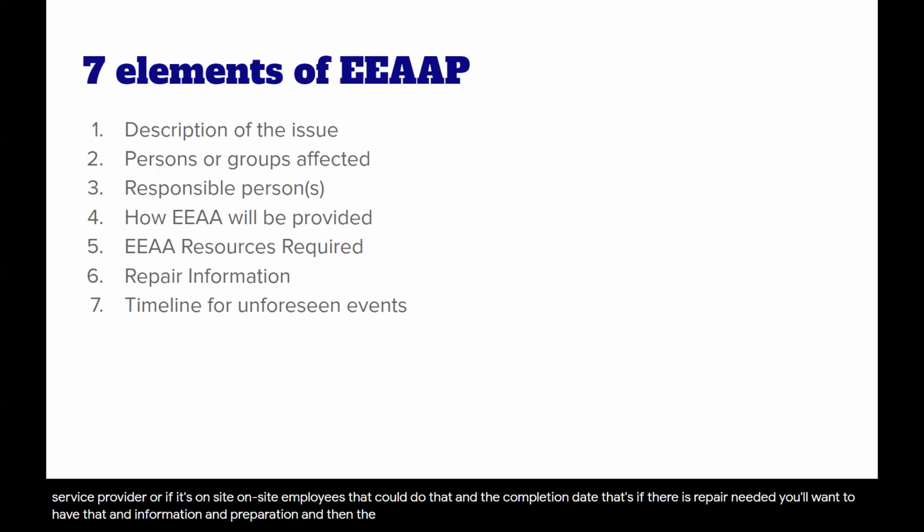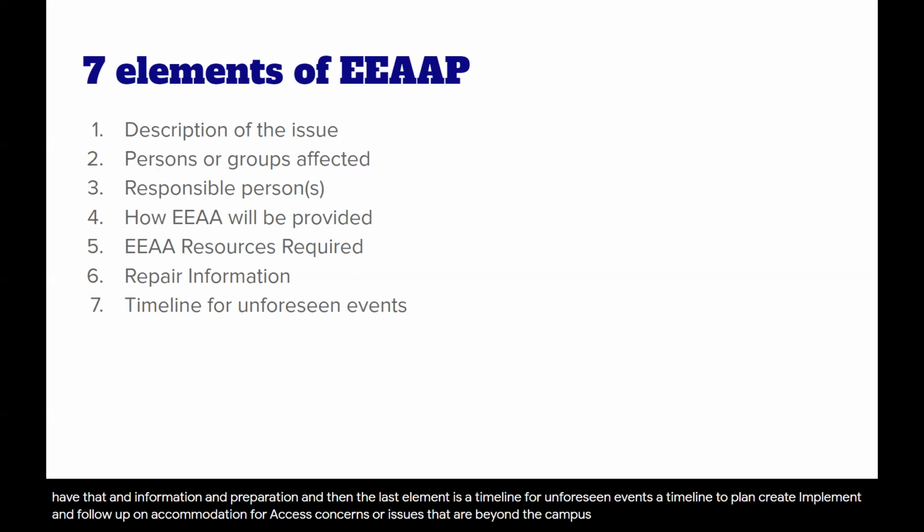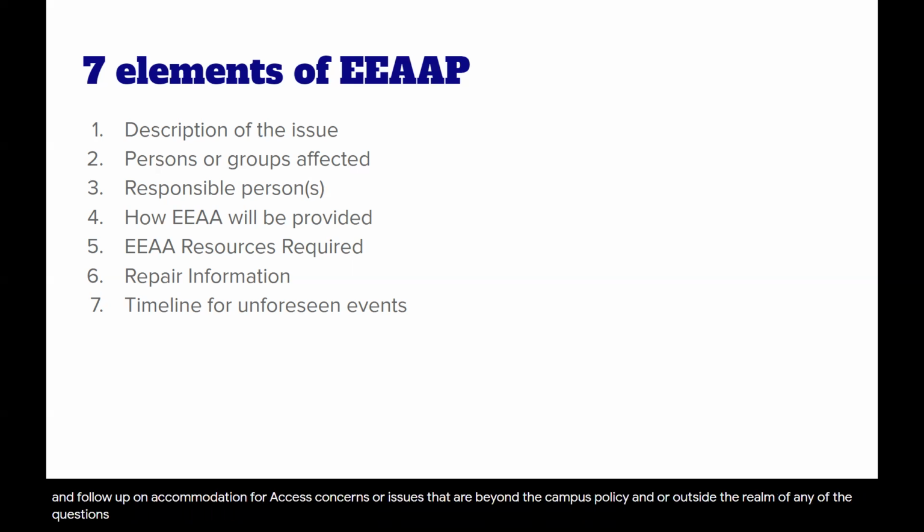And then the last element is a timeline for unforeseen events, a timeline to plan, create, implement, and follow up on accommodation for access concerns or issues that are beyond the campus policy and/or outside the realm of any of the questions or issues addressed above.